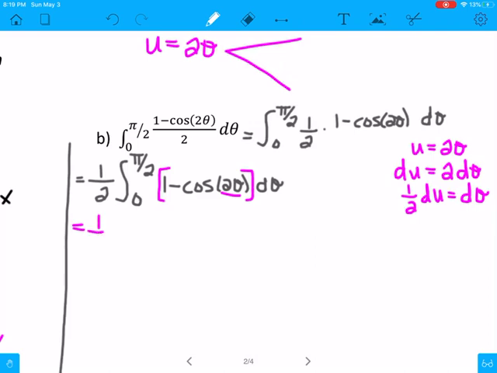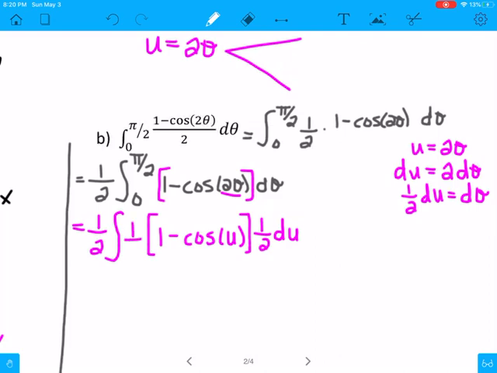So I'm going to go 1/2. I am not going to fill in the numbers because I need to go up here at the very top and figure them out. And then I can go 1 minus cos of u, and I can do the antiderivative of that very easily. And then d theta turns into 1/2 du. But I never write the 1/2 there. I'm going to write it in front.